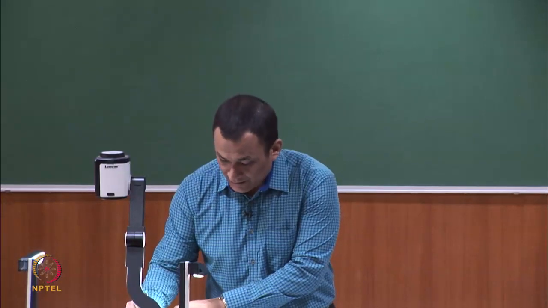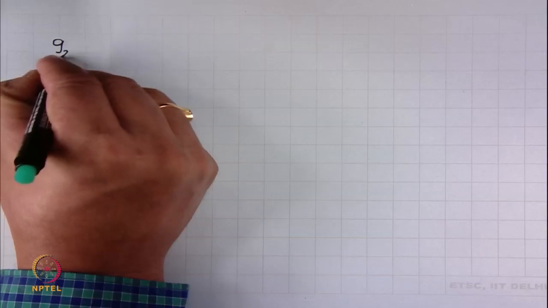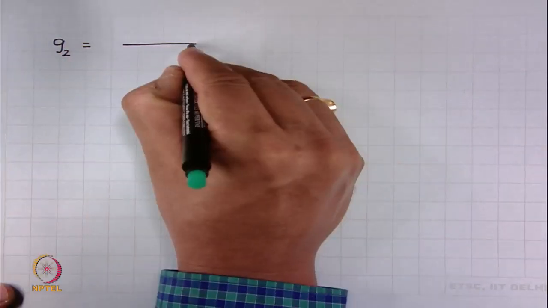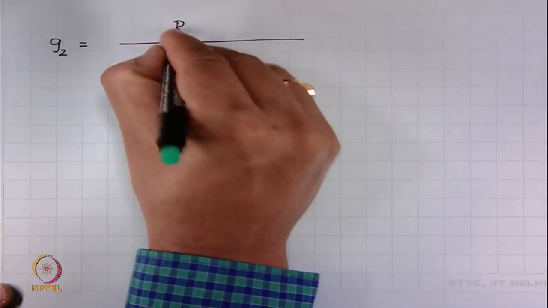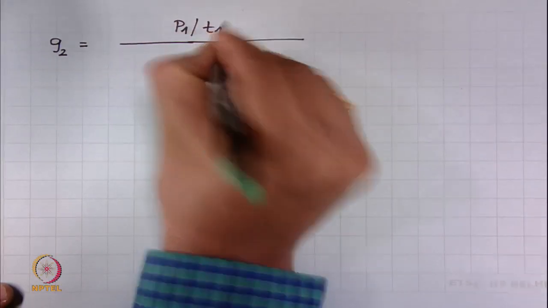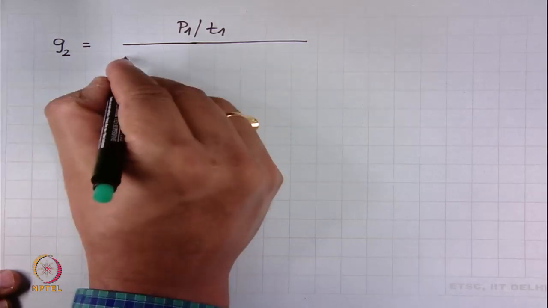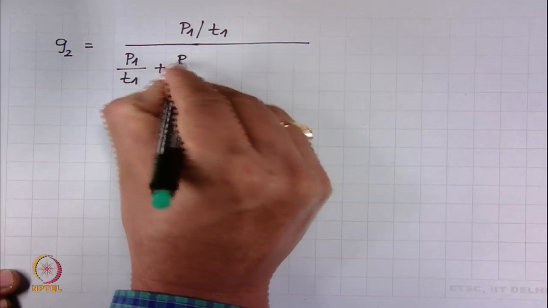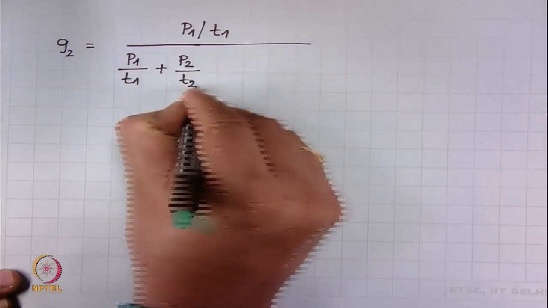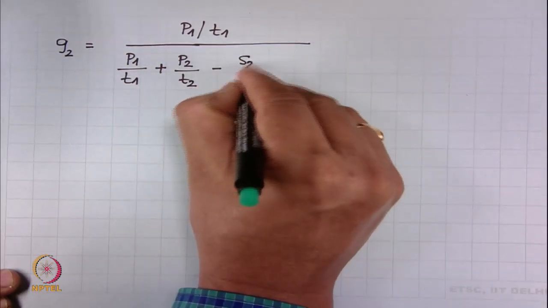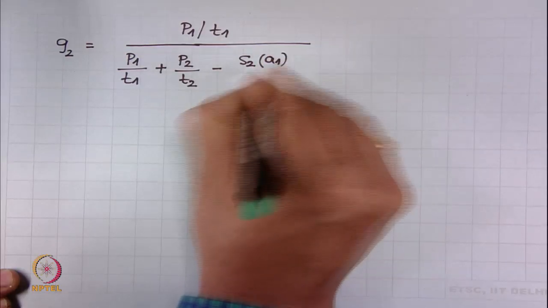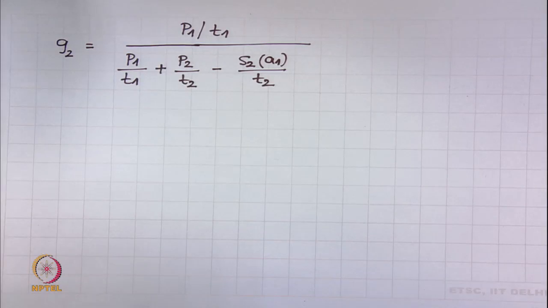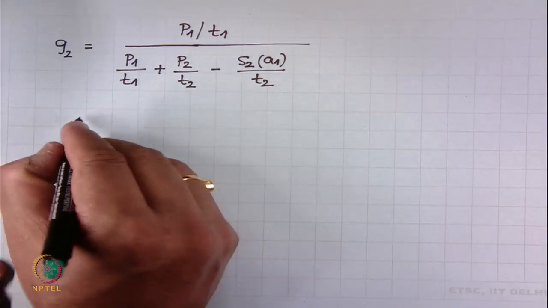So, the bundle tenacity will be minimum when G2 is equal to P1 by T1 divided by P1 by T1 plus P2 by T2 minus S2 A1 by T2. So, these data are given here.